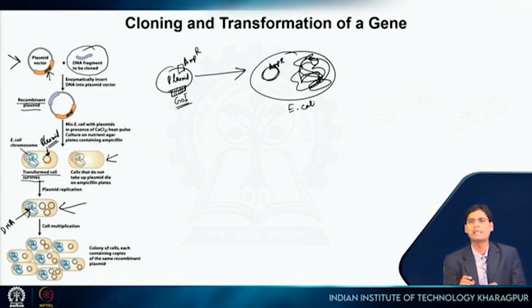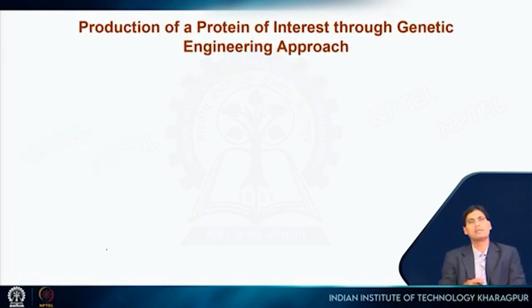For example, when we discussed lac-operon, I mentioned that some inducer can be added. Similarly, you can clone in such a way that you can control the expression of your protein of interest. And now, this is kind of an application, the production of a protein of interest through genetic engineering approach.